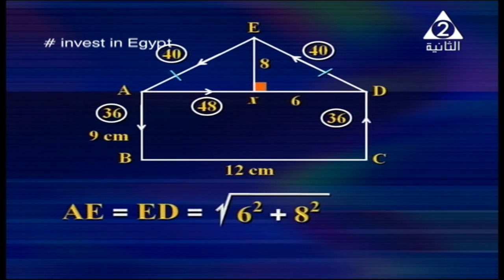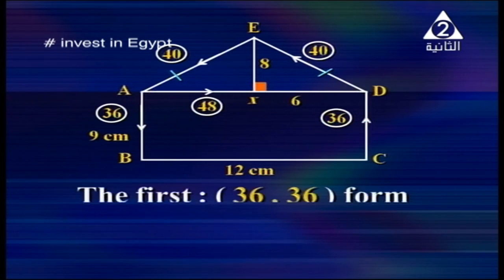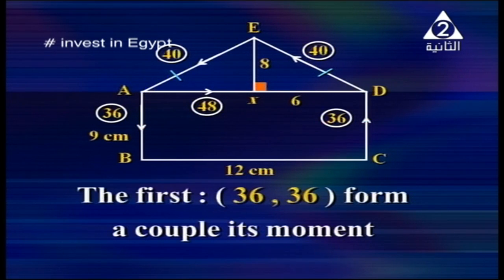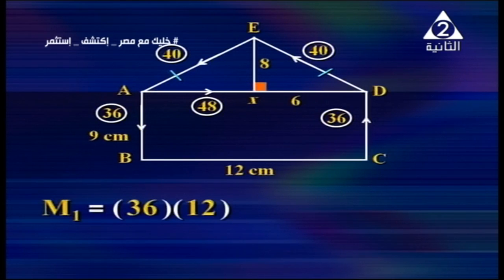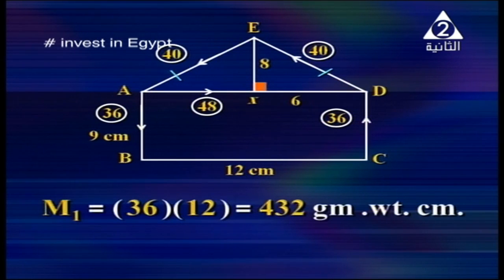Then AE equals ED equals square root of 6 squared plus 8 squared equals 10. Therefore, the first forces 36 and 36 form a couple. What is the moment of the couple? Equals force times distance, 36 times 12 equals 432 gram weight centimeter.